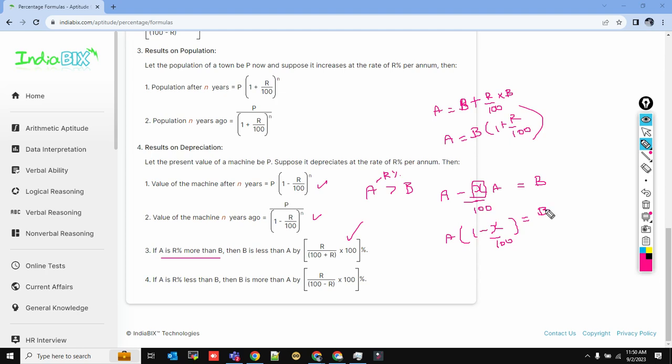Let's put the value of B here. The value of B will be A divided by 1 plus R by 100. So A into (1 minus X by 100) equals the value of B, A divided by 1 plus R by 100. This A will get cancelled.